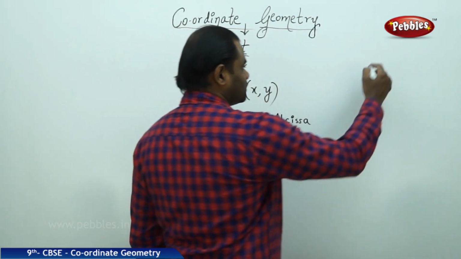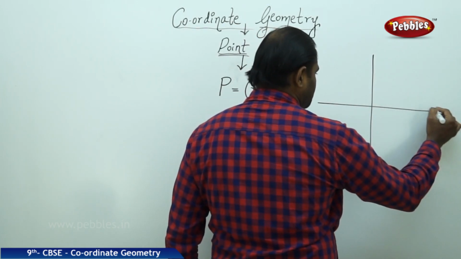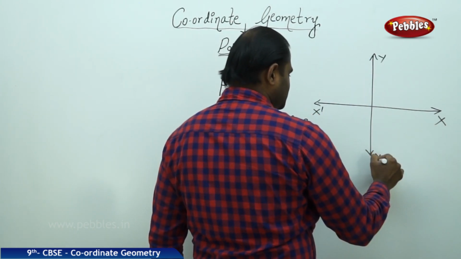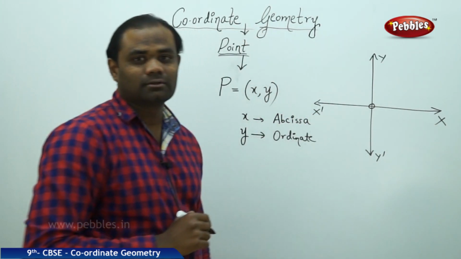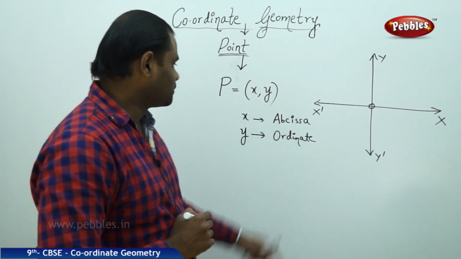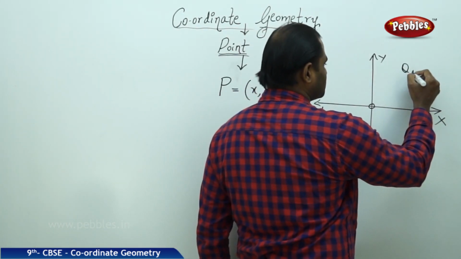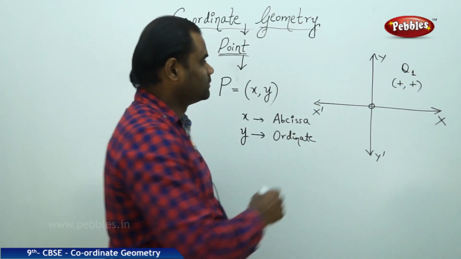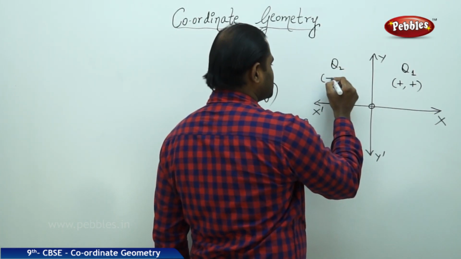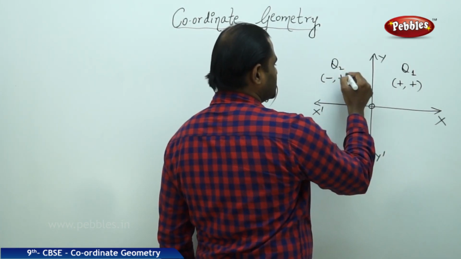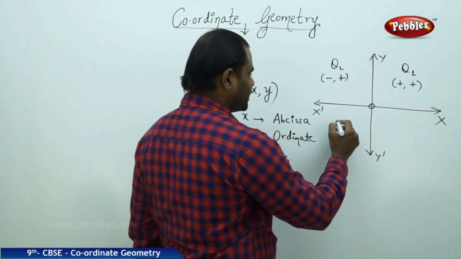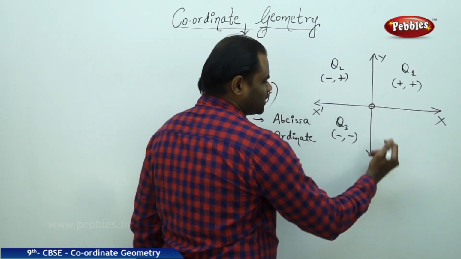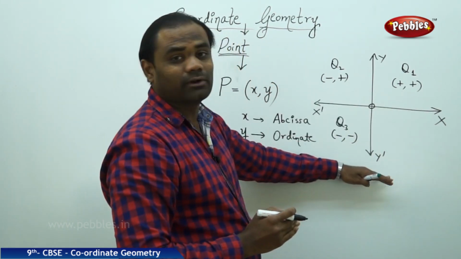So when we recap the coordinate system, we take x dash and y dash in the Cartesian plane with the origin being the intersection point of the lines. In the first quadrant the abscissa is positive and the ordinate is positive. In the second quadrant the abscissa is negative and the ordinate is positive. In the third quadrant the abscissa is negative and the ordinate is negative.